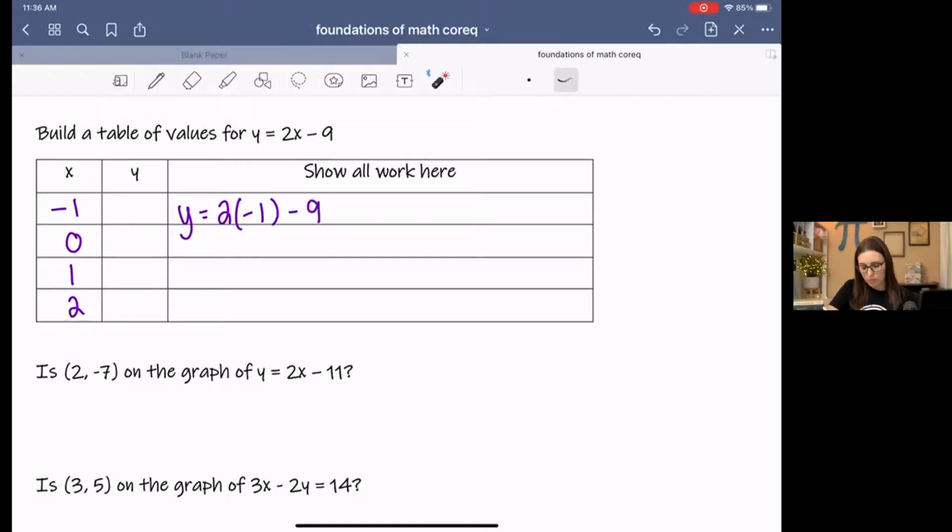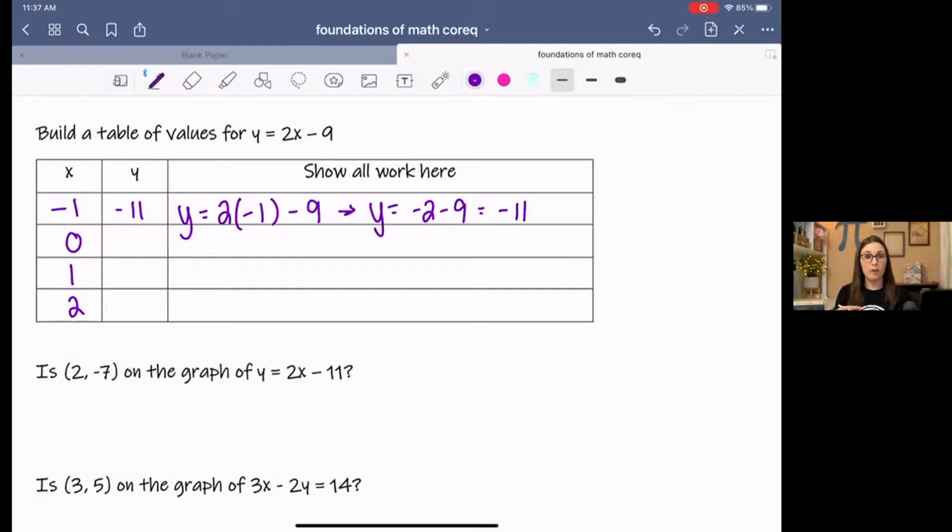Now I said x, but I wrote -1, because in this particular instance, I'm using -1 as my x coordinate of this point that I'm trying to find. And then I'm going to simplify that. -2 minus 9 is -11. So the y coordinate of this point is -11 based on the -1 that I chose.